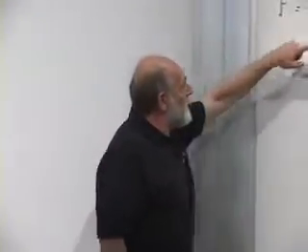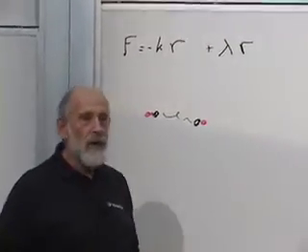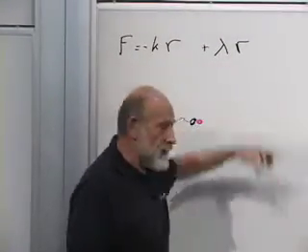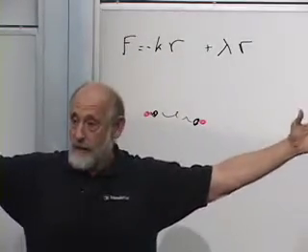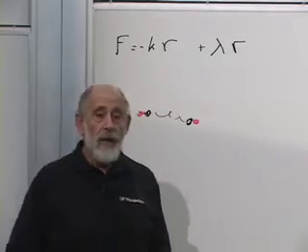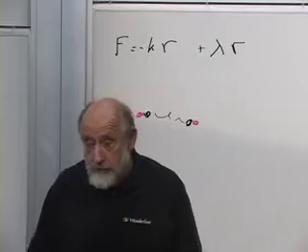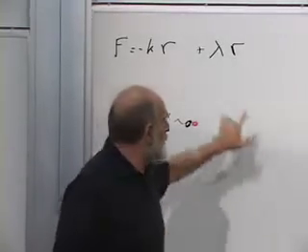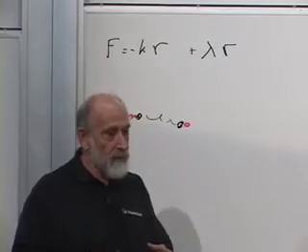The reason is that this lambda here, how small is it? It's so small that this force doesn't become significant until you get out to the full measure of the entire global universe. That's where it begins to get big. But if you ask about it on the scale of the solar system, it's negligible. It's tiny by comparison with the other forces in the solar system, gravity and other things.